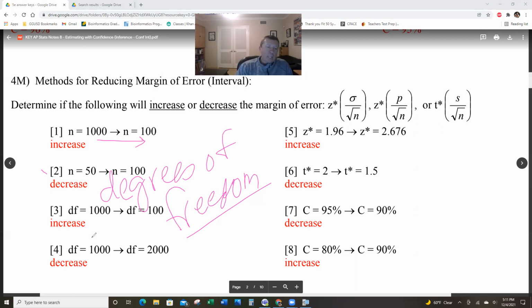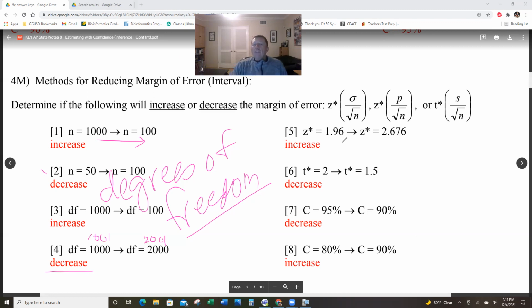Here's the reverse. Let's say we had 1,001 samples, and we're going to increase that to 2,001, okay? Obviously, again, degrees of freedom is n-1, and there's a reason for that, but it's just kind of beyond the scope of this particular course, so just trust me on this, okay? That will, of course, decrease the interval because you're increasing the sample size, which makes the interval smaller, okay?